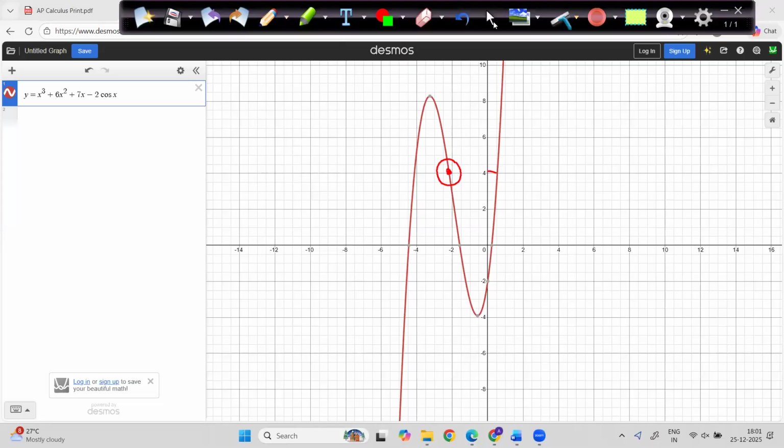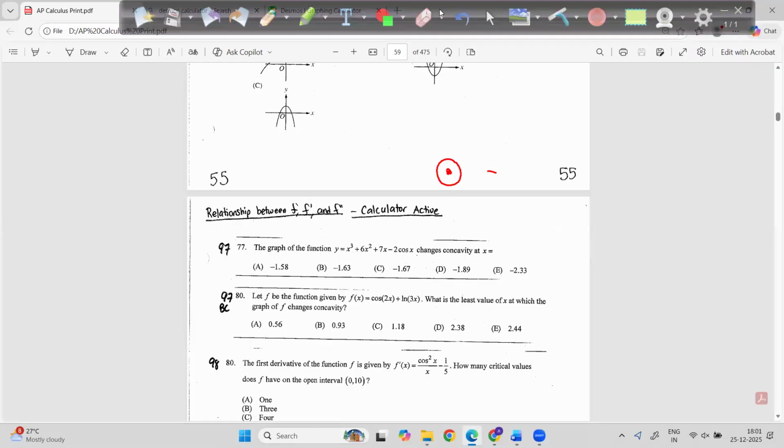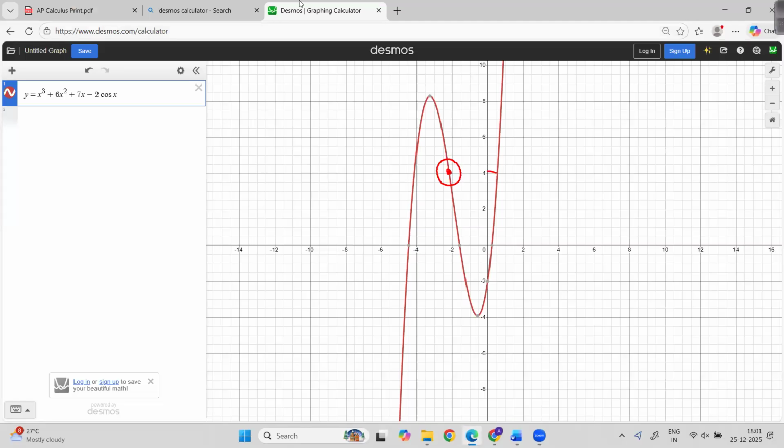Next, if I see other options, minus 1.63, minus 1.89, they're all the same. Let me see minus 1.89. So minus 1.89 or minus 2.33.